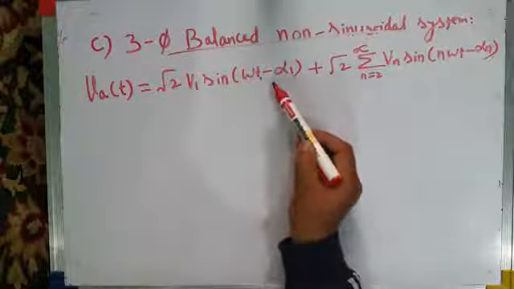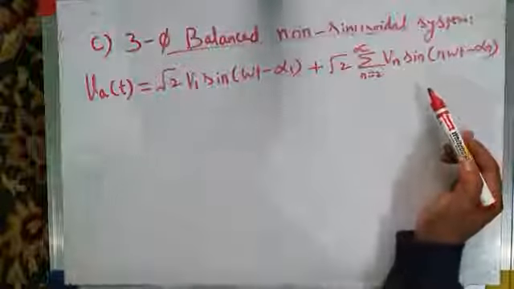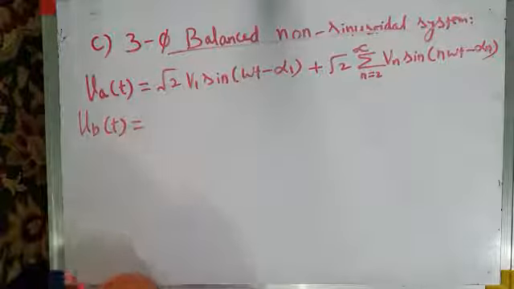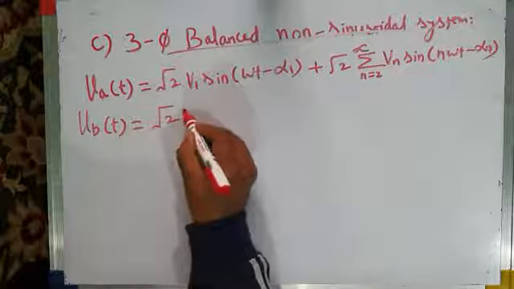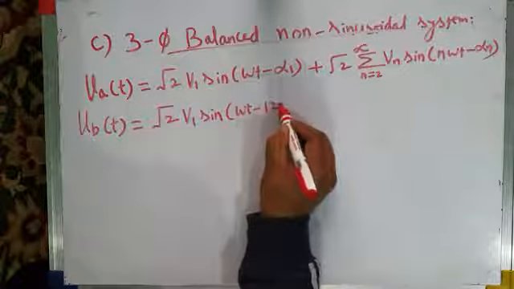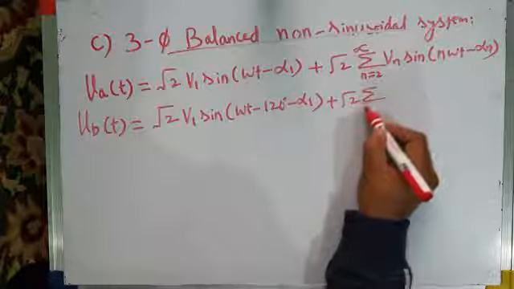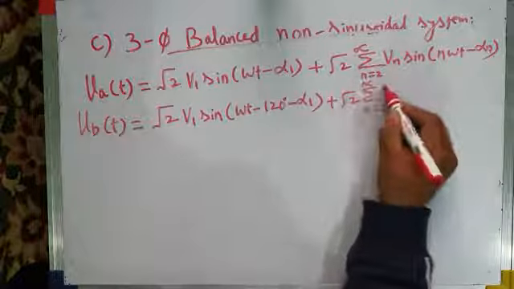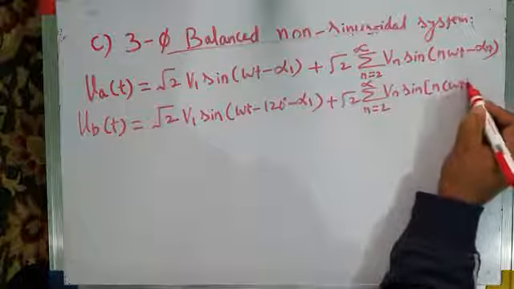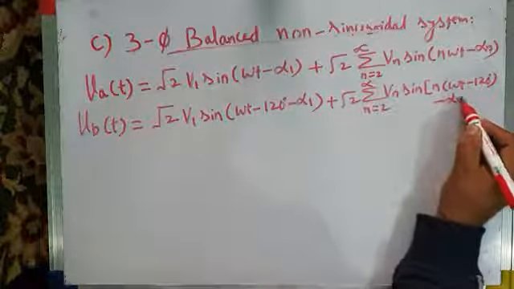So this is the fundamental component, and this is the summation of harmonics which are already present in the source voltage. Now phase B voltage or line to neutral voltage vB(t) is given by root 2 V1 sine of (omega t minus 120 degrees minus alpha 1) plus root 2 times summation n equal to 2 to infinity Vn sine of (n times (omega t minus 120 degrees) minus alpha n).